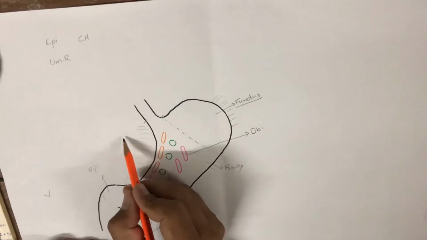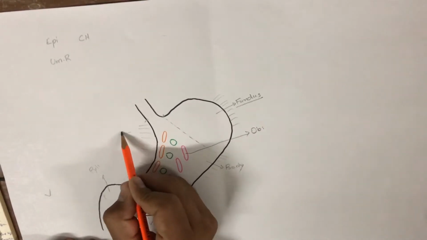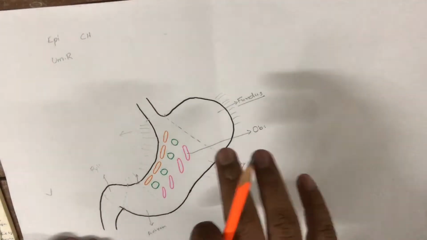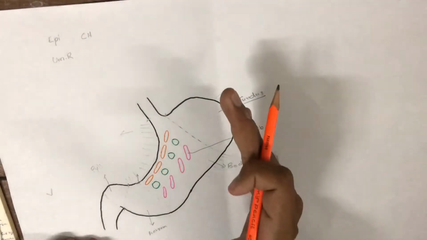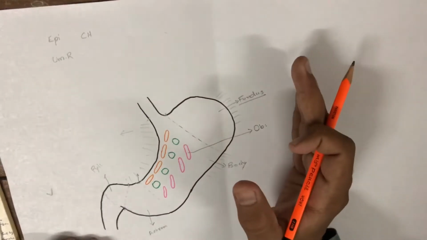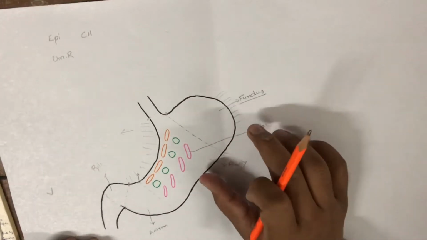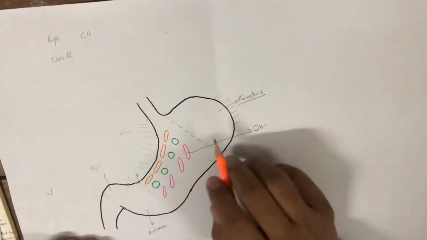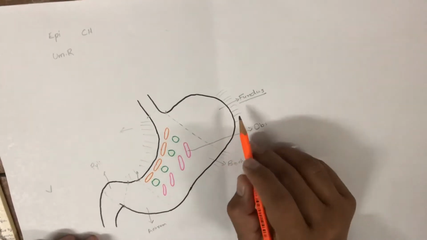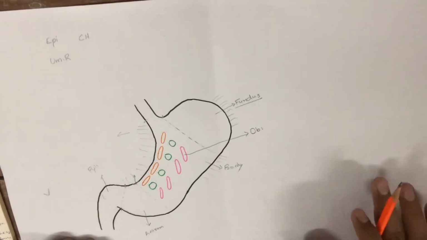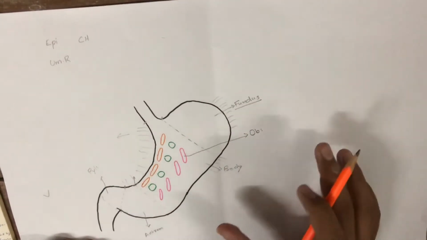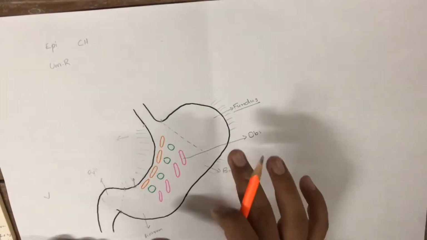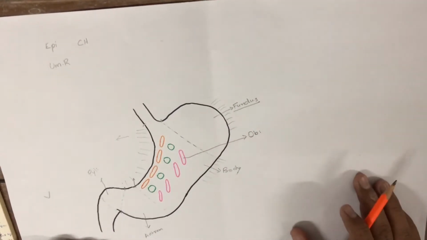As we can see, this is the lesser omentum which covers the stomach from the upper side, and the greater omentum which covers the stomach from the lower side, and the fundus is covered by the peritoneum, which is called the gastrosplenic ligament, which connects the fundus with the spleen. So stomach is covered throughout by the peritoneum, so it is an intraperitoneal structure.